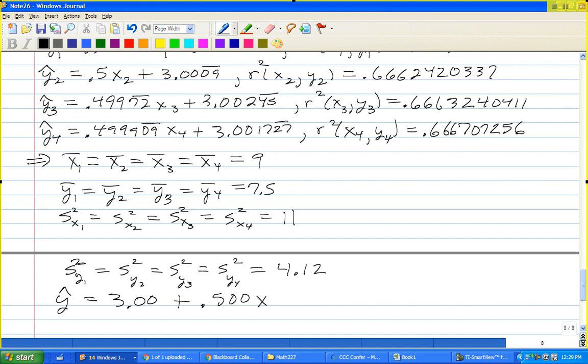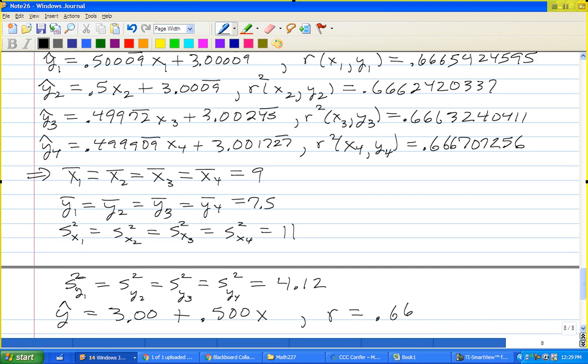So what you notice is that all the summary statistics, the mean, the variances, all the correlation coefficients, I didn't write those down, and R is equal to 0.666.